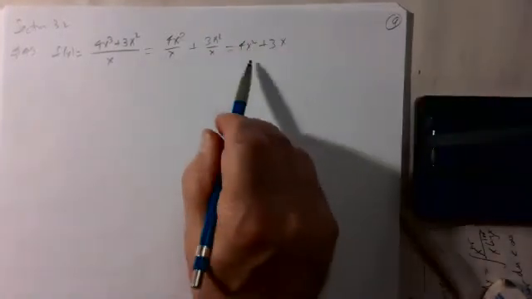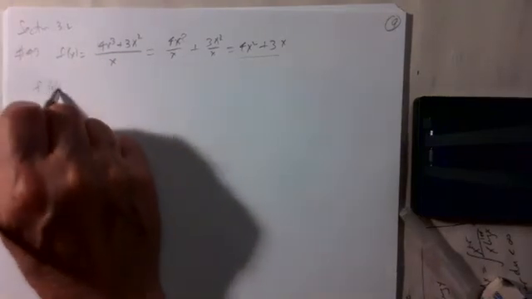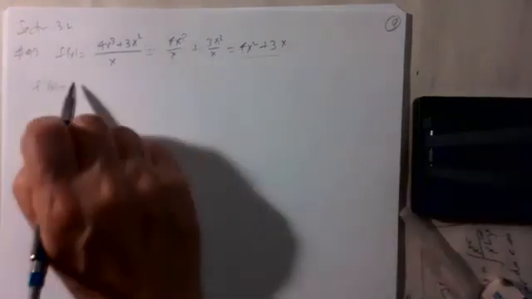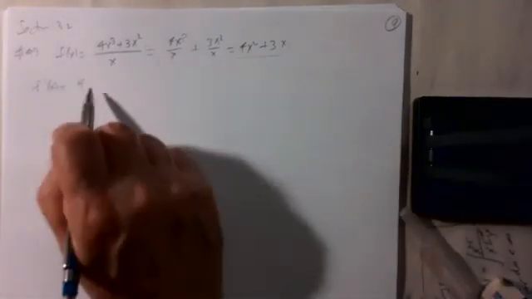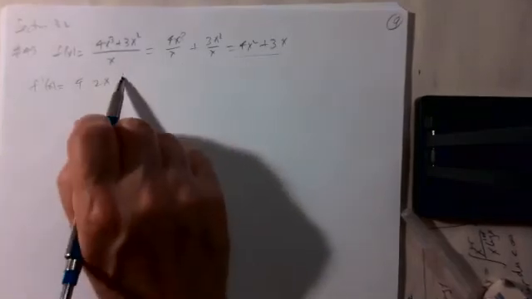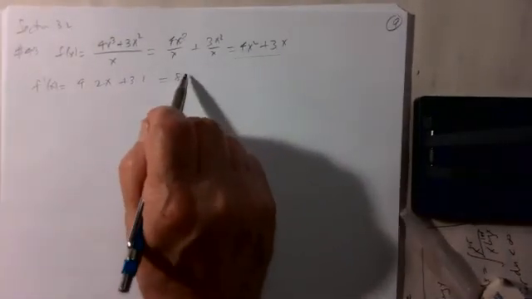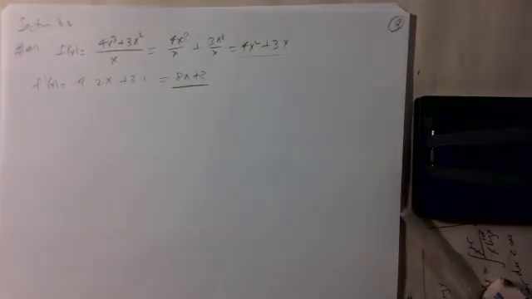So this function is the same as 4x squared plus 3x. And this we know how to differentiate. F prime of x is 4 times the derivative of x squared, that's 2x, plus 3 times the derivative of x, which is 1. So we get 8x plus 3. Questions about this?